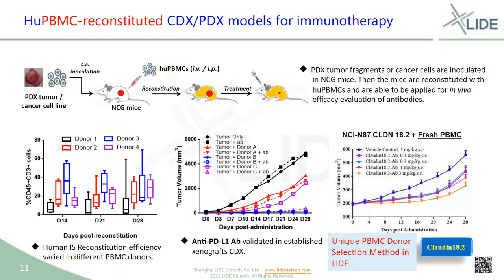And in our hands, we did find that NCG mice showed a delayed or longer survival time before they developed the GVHD reaction. So that gives us a longer therapeutic window for IO drug tests. That's why we mainly use NCG mice in our facility. Yeah, thanks. It makes sense that you'd want a longer time frame to evaluate IO drugs before the development of GVHD. Thanks, Ben.